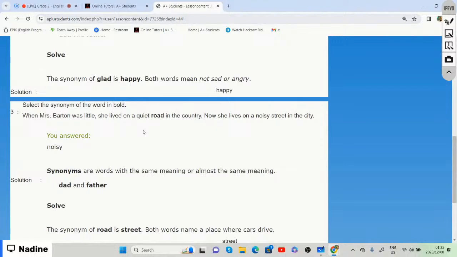What is the word in that other sentence that is similar to road? The word similar to road. And the word we'll find in the next sentence.